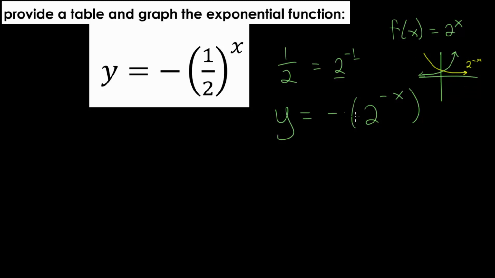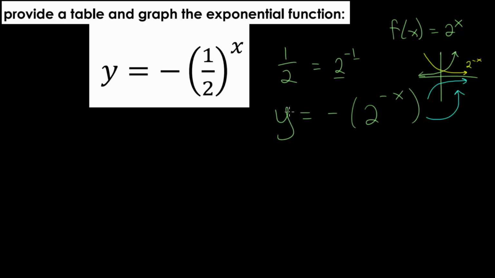And then putting the negative on the outside of this function will reflect it across this x-axis here, and we'll end up with this function right here. This is our equation, y is equal to minus 2 to the minus x power. It would be this blue curve here. So you can find this graph by using function transformations if you know the parent function.